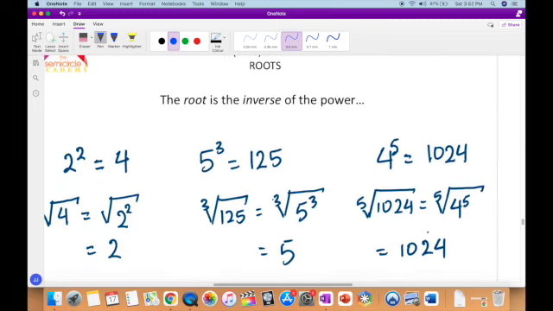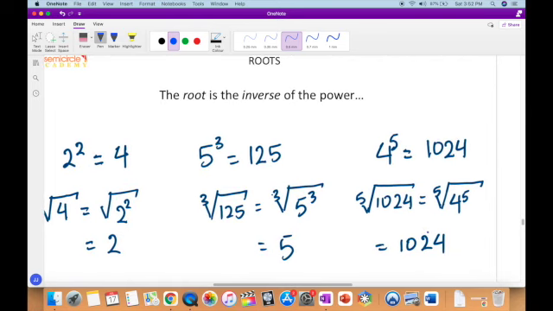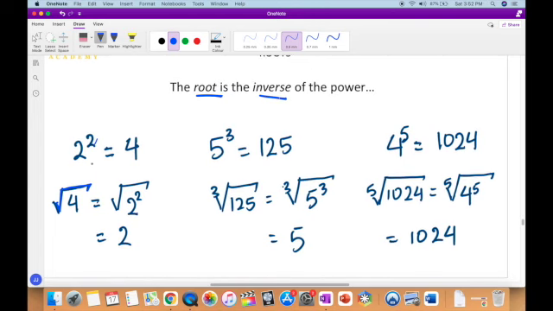Then we have roots. And I have interesting things about roots. The root is the inverse of a power. Yeah? So if 2 squared is equal to 4, I could have the square root of 4. Right? The square root of 4, what does square root mean? You could think about a square root as a question, right?